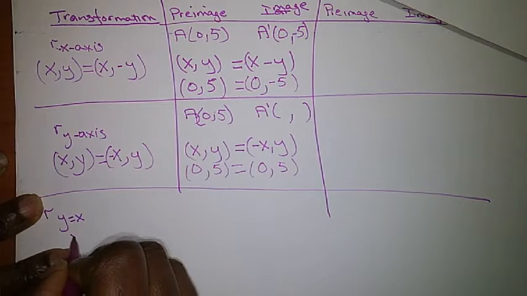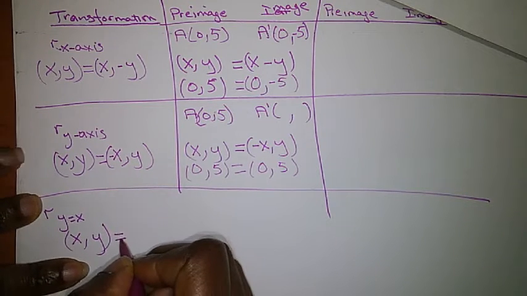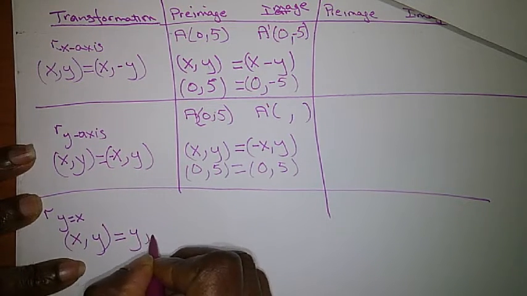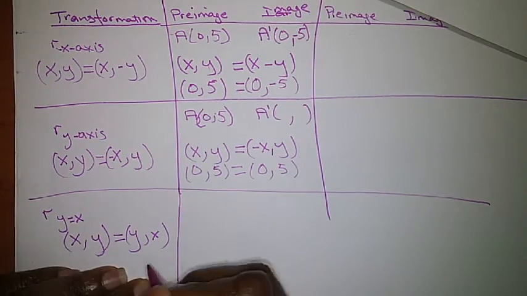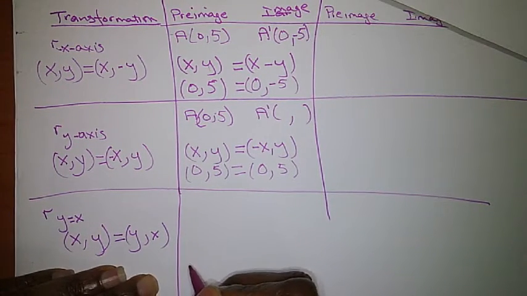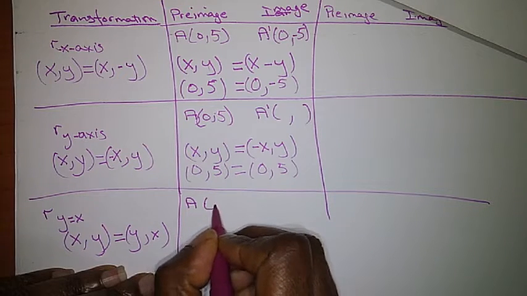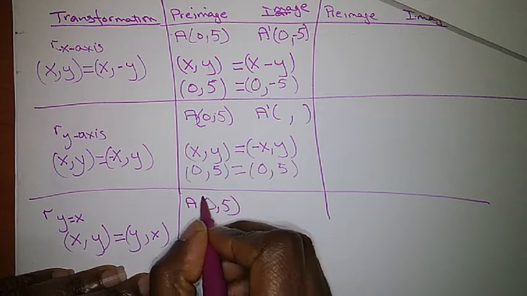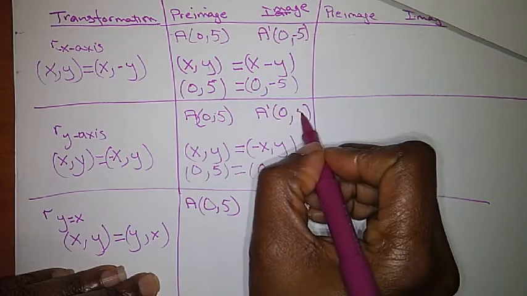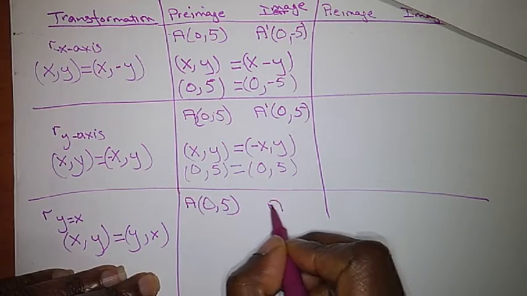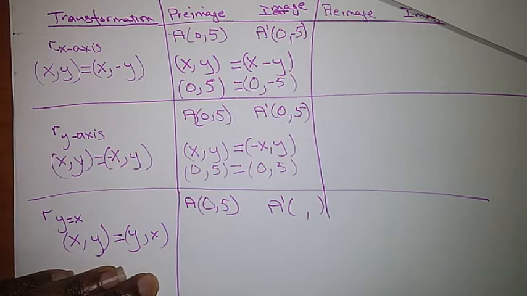It says (x, y) goes to (y, x). After the reflection, my coordinate points basically flip. I'm going to use the same point again, 0, 5, and I need an image for that point.